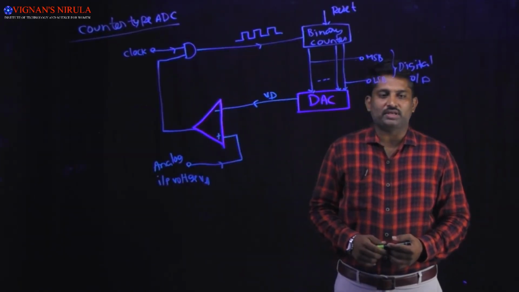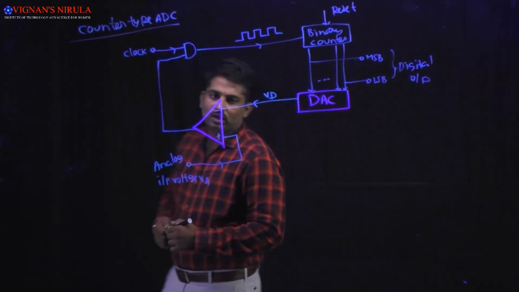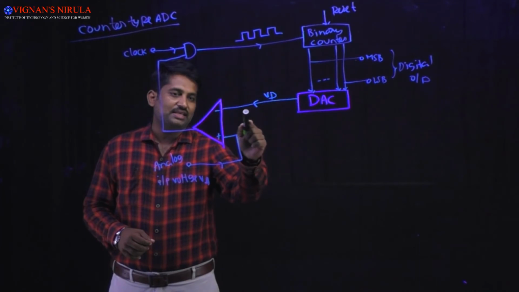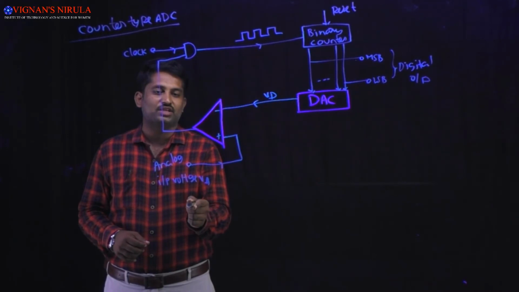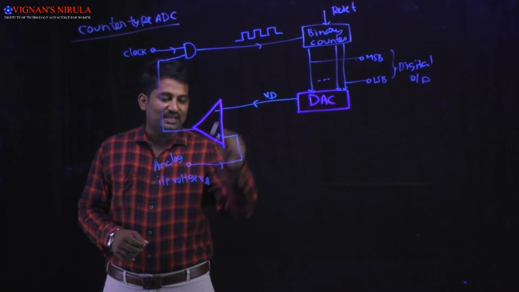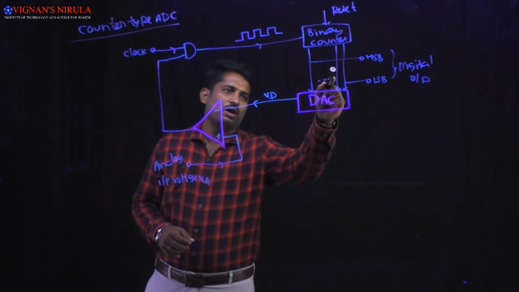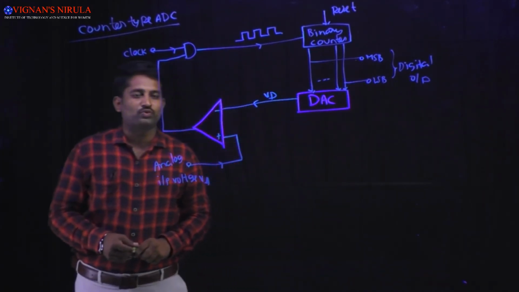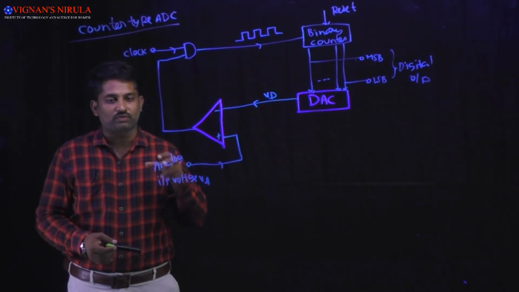Another A to D converter is the counter type ADC. The principle involved in the counter type ADC is that the output of the DAC is continuously compared with the analog input value applied as the input of the ADC, and once the DAC output is greater than this analog input value, we note down the input voltage of the DAC, which is the binary output value equivalent to the analog input voltage applied at the input of the ADC.